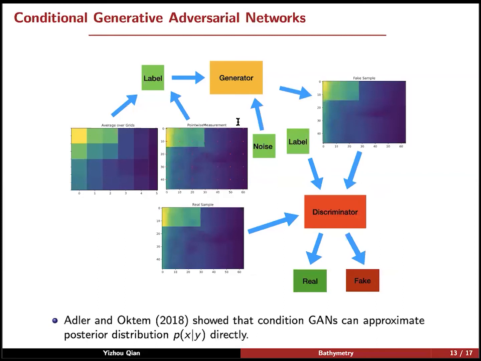Essentially, when we have some kind of observation, we pass it as a label into our generator along with our noise to generate a certain number of samples, for example maybe 100 or 1,000 samples, and eventually we compute the average over those samples, hopefully the average of our posterior distribution, as our final prediction.